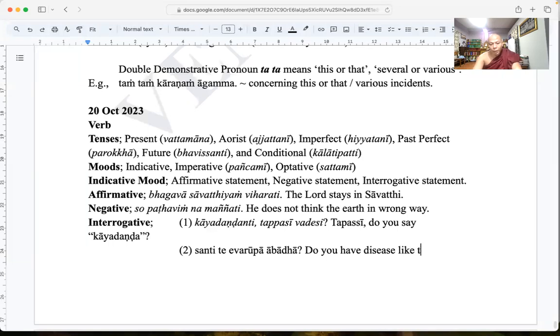"Ewa rubam", like these or like those. So in this way, just moving the verb to the beginning of a sentence.